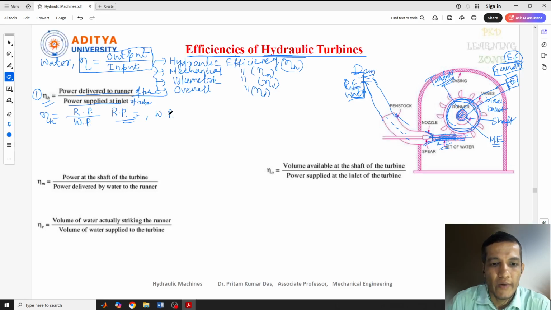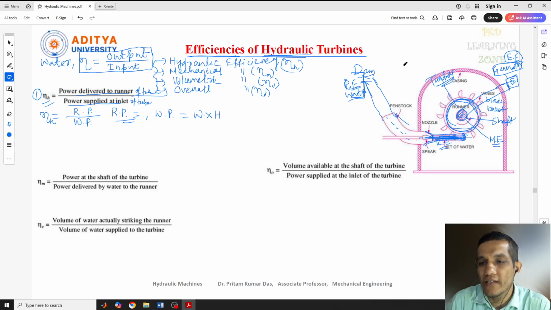Water power is nothing but the power supplied at the inlet condition, at the inlet of the turbine. This is also called water power. So we can write, W is the weight of water striking the vanes of the turbine per second, into the head, the net head of the turbine.